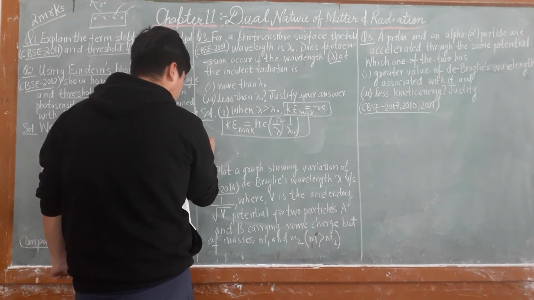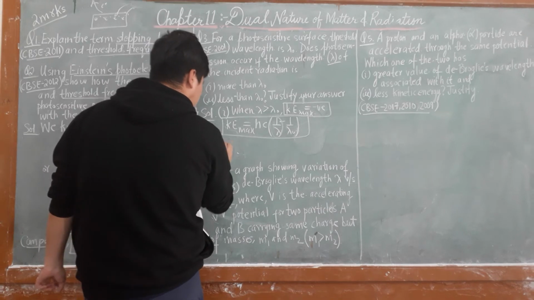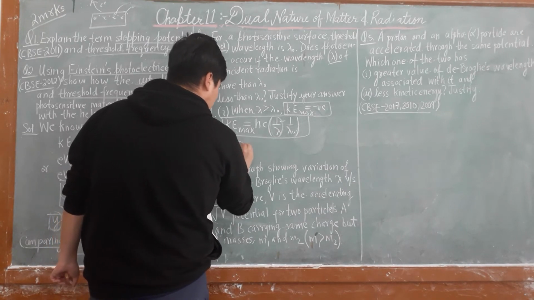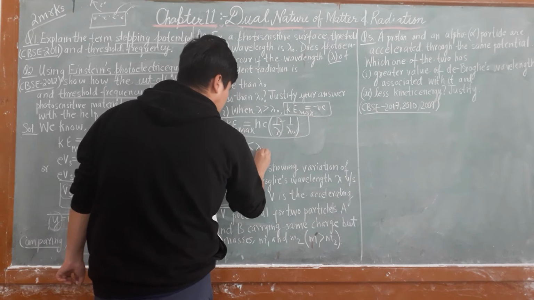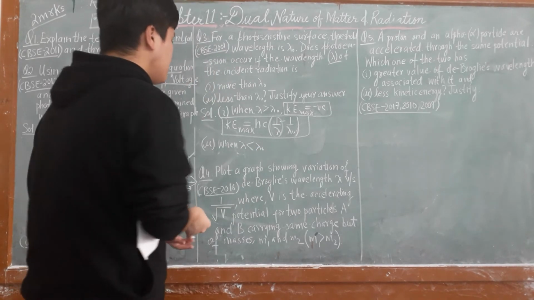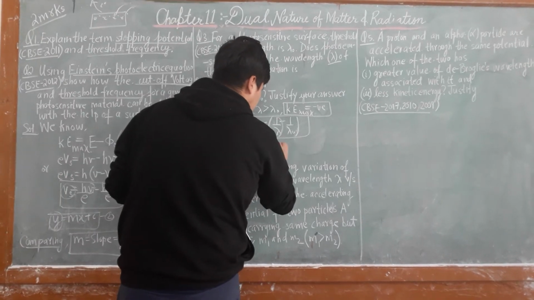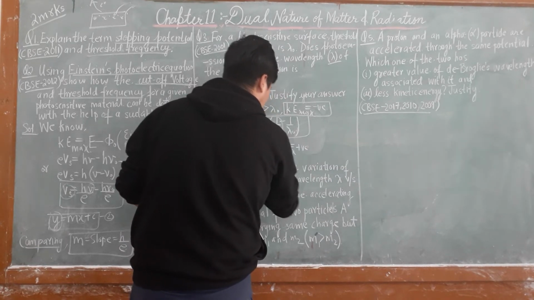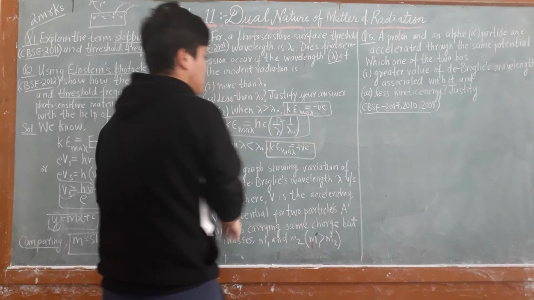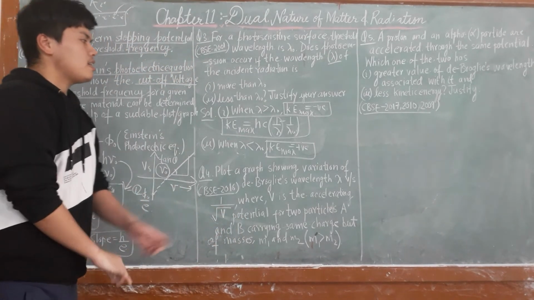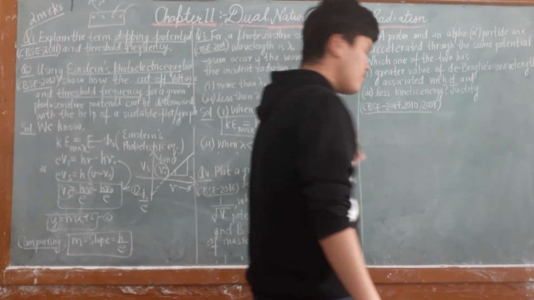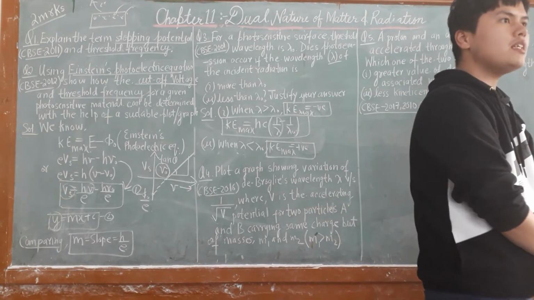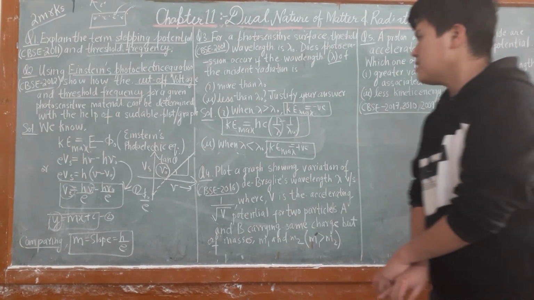Now the other case, when lambda is less than lambda naught, the kinetic energy comes out to be positive. This is also important. Can kinetic energy be negative? Can it be positive?